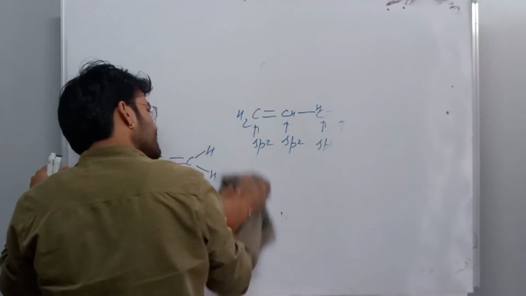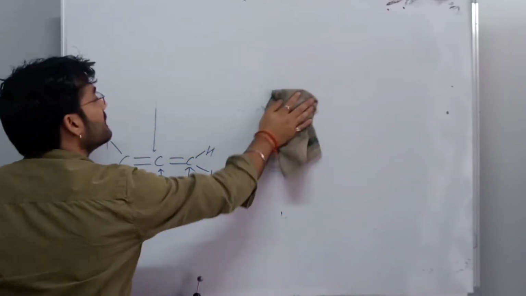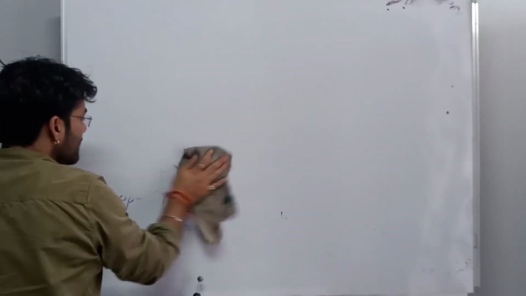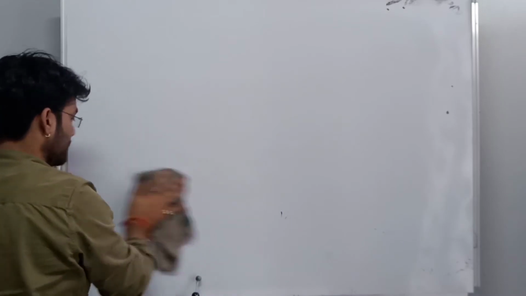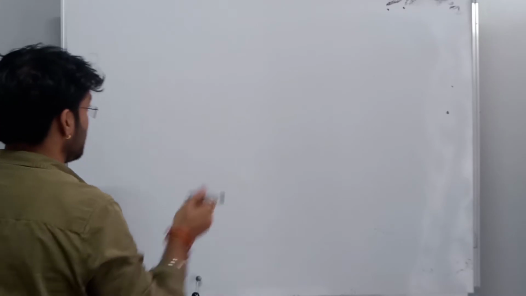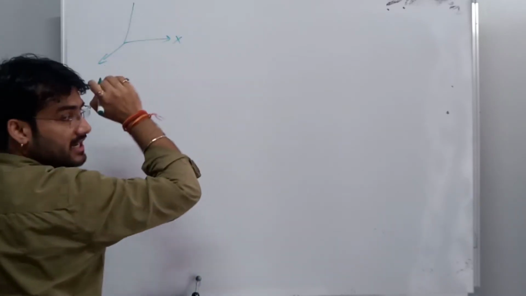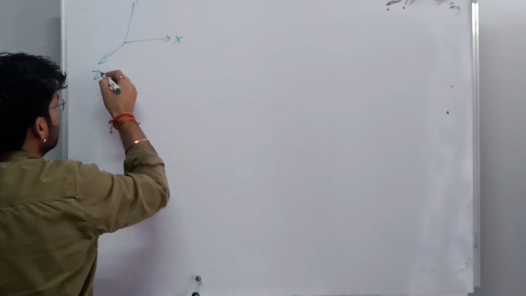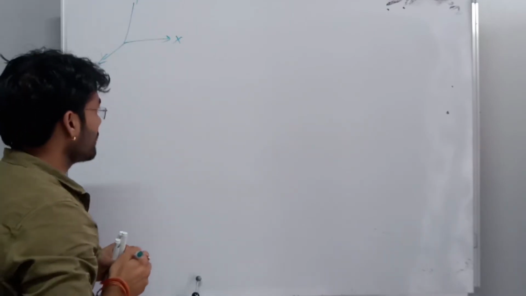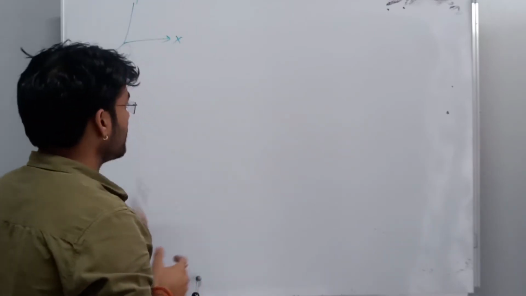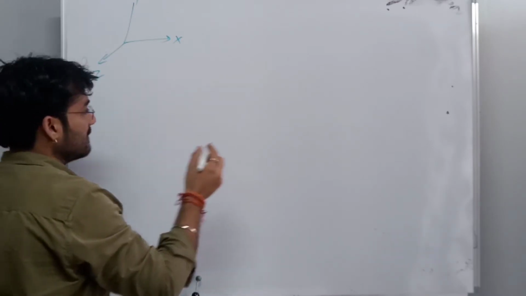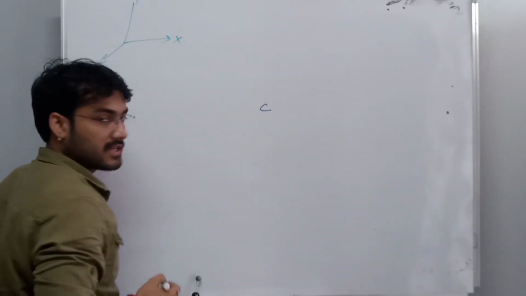The answer is hidden in the types of bond, which one is forming sigma and pi bond. So just take the internuclear axis. I am taking X, this is Y and this is Z. This is very important because this will tell you how it becomes chiral. I am going to draw the center.